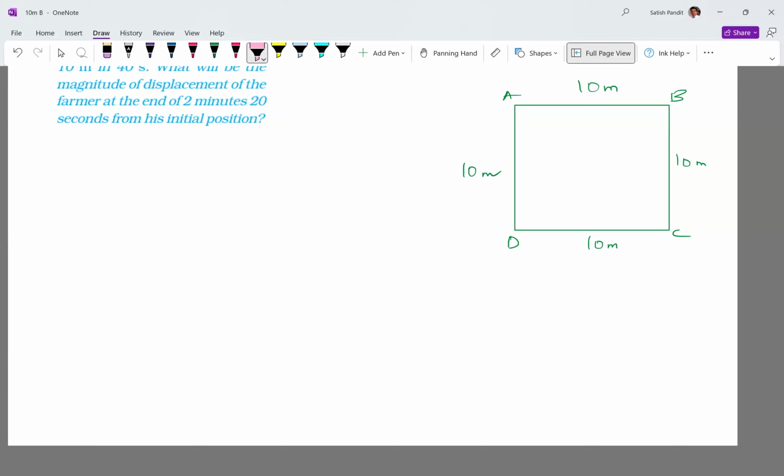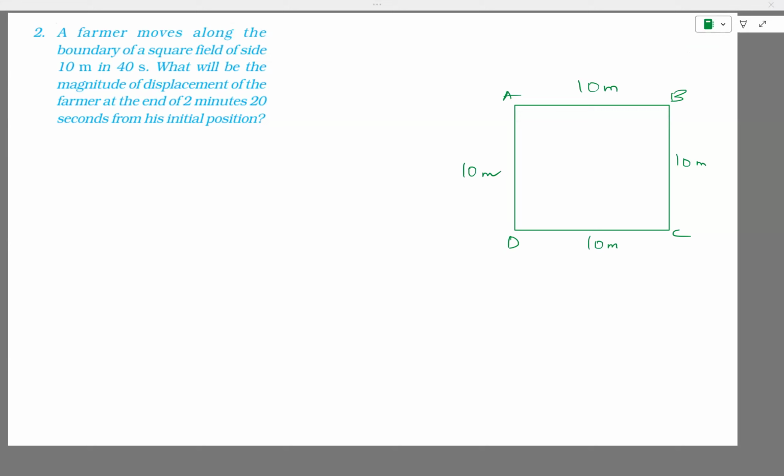Okay. So now, suppose the farmer is starting from point A. You can make the farmer start from any point.